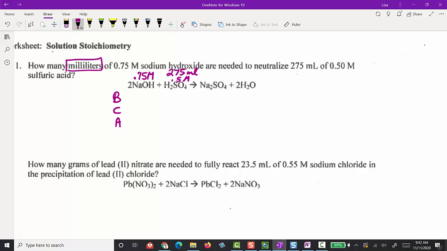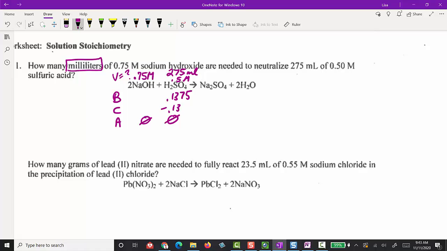The question here is wanting the volume, so V of the sodium hydroxide. Anytime we're doing these acid-base reactions or titrations, the key thing is both of these are going to go to 0. So if I have 0.275 liters of 0.5 molar, I've got 0.1375 moles.